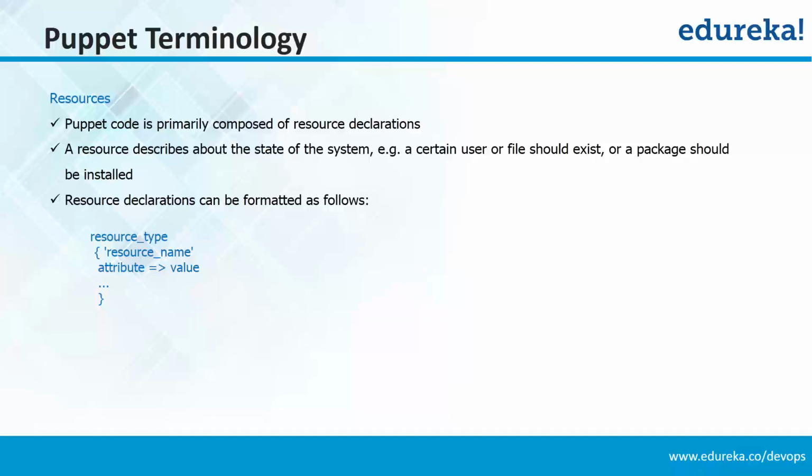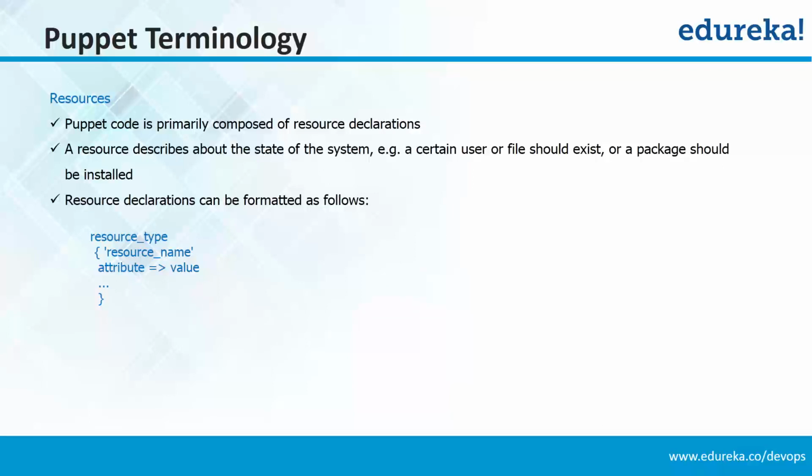Fantastic. And a directory has so many files, so you would like to say that this thing has to be done. Essentially, a resource says something about the system. For example, should a file exist? Should a user exist? What should be the permission of the user? What should be the user name? What should be the user ID? What should be the group ID?